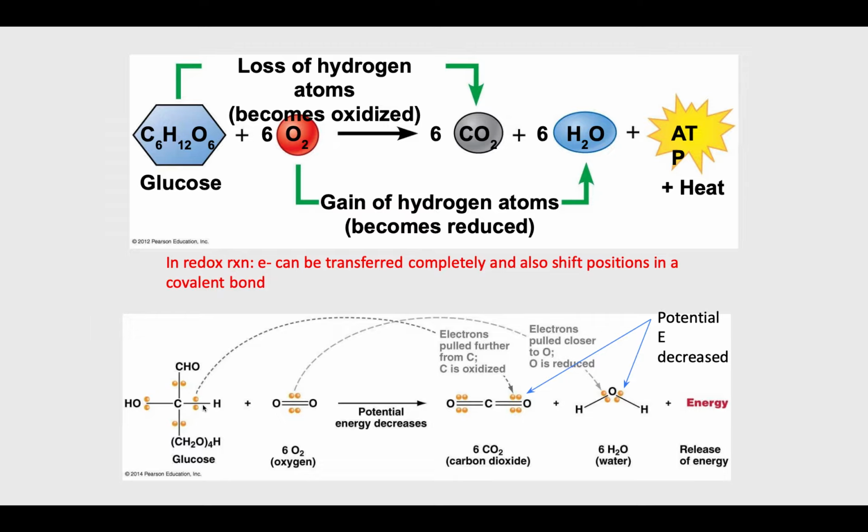It's a non-polar covalent bond, so those electrons are shared equally. But once these electrons get moved, the electrons are further away from the carbon. So we can say that this carbon atom has been oxidized.